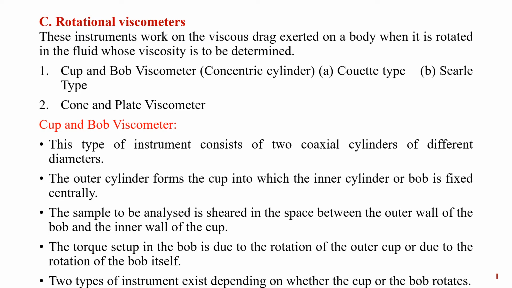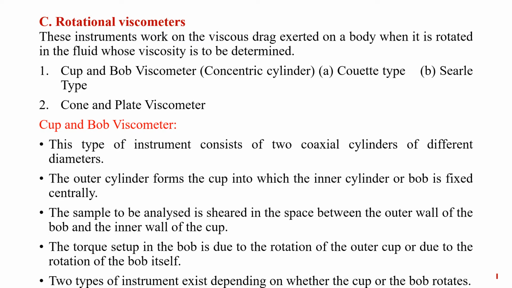If we increase or decrease the shear stress, it is going to affect the viscosity of the materials. Such materials are known as non-Newtonian materials, and most pharmaceutical formulations come under this category. So in short, rotational viscometers are the instruments used to check the viscosity of pharmaceutical dosage forms.